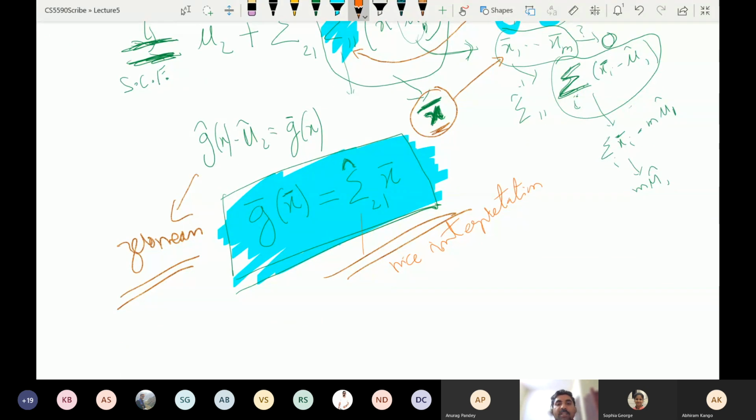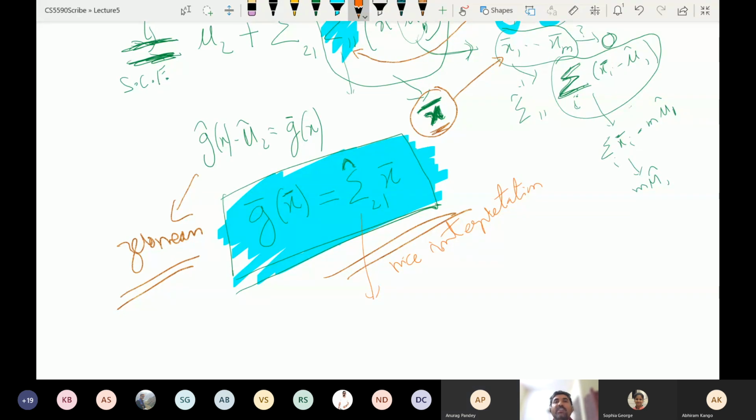Now what is the meaning of sigma 21? It is the covariance of the outputs with the inputs, as simple as that. It is simply the covariance of the output with respect to the inputs, correct? Yes or no?